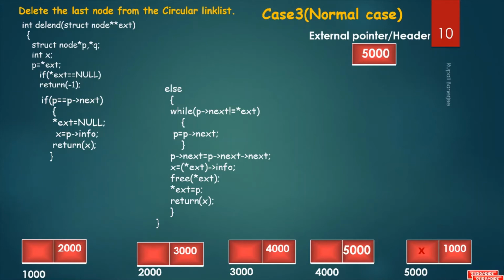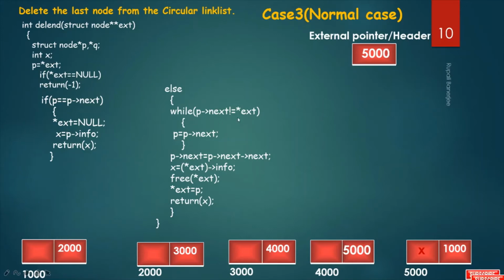So what I have to do, when I delete this node next part should be 1000, because this is our last node now. But how can I get this node? I have to traverse the whole linked list till we get the node, and when I get this node, I have to give 1000 here. So I start one while loop.